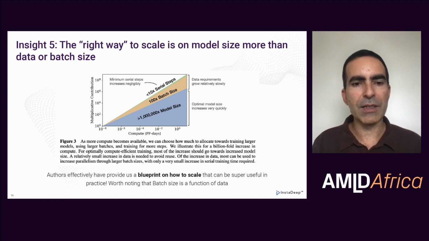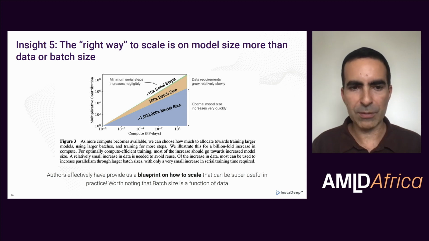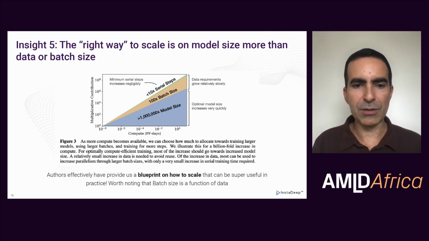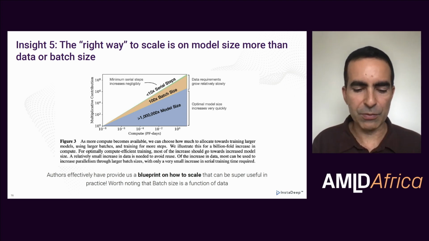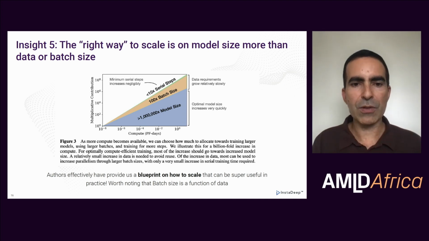In a situation where you have, for example, a lot of data, you want to decide how much you should increase the size of your models versus increasing the batch size versus increasing the number of time steps, like the number of gradient descents, for example. And you actually have research that shows you that in general, it's better to make the model bigger. This is where the model size would be the part which you would increase a lot.